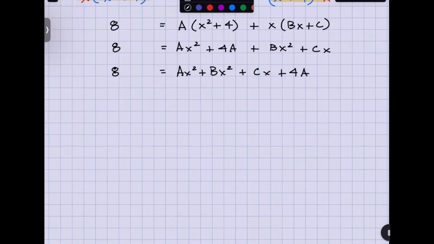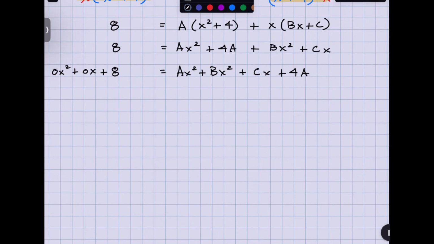So check this out, guys. You told me that the left side had no x squared term. That means I could write the left side as 0x squared plus 0x plus 8. Is that true? Are you seeing where I'm going with this? That will still give me a result of 8.